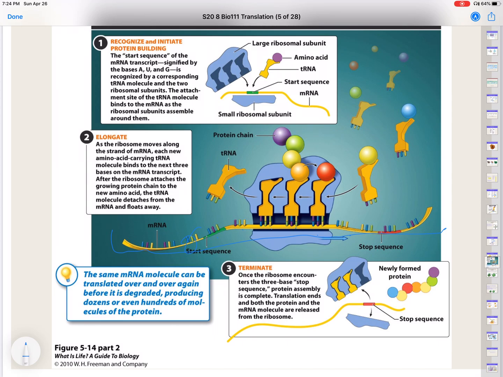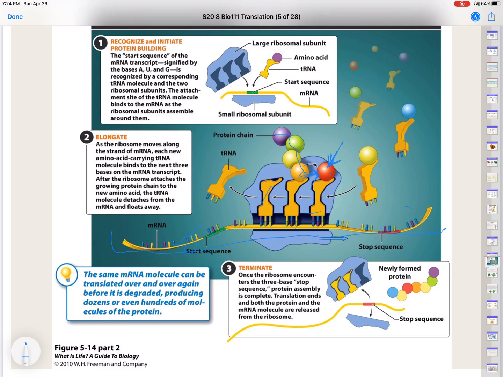And so you have here at the A site the new amino acid loading on. It actually binds, it adds to the polypeptide chain that's being made by reading through this information.